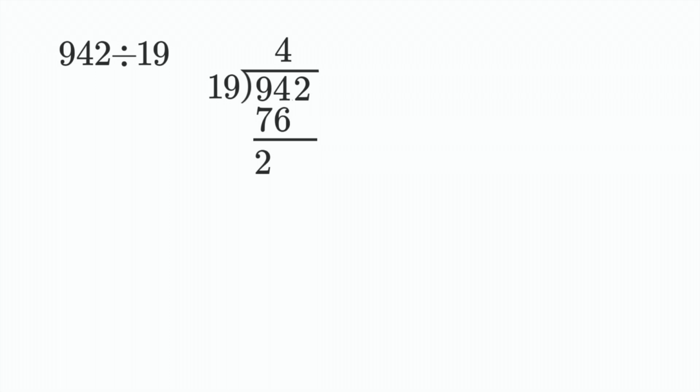Next example. I'll do it with negative numbers. Stands for 76. 9 minus 7. 4 minus 6. Negative 2. This is 20 minus 2. So 18. 2 comes down.